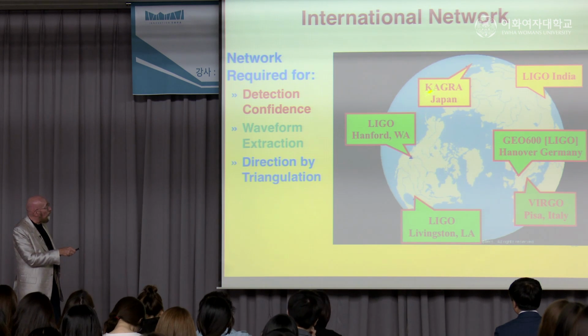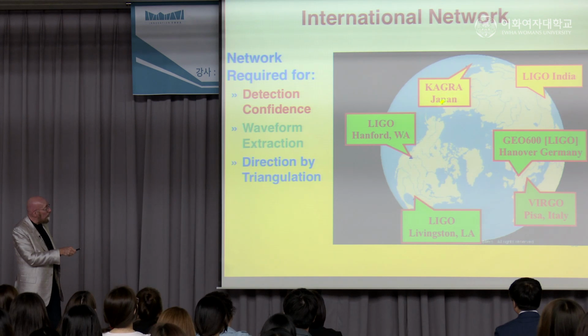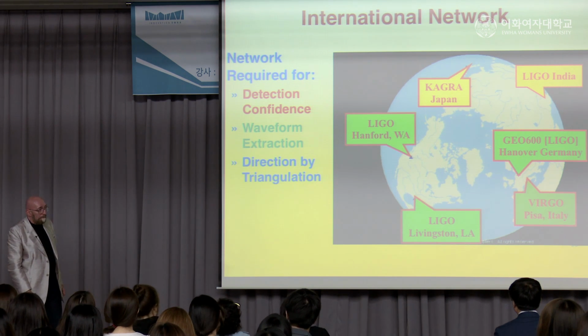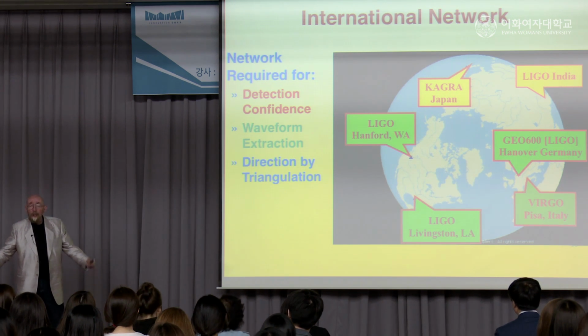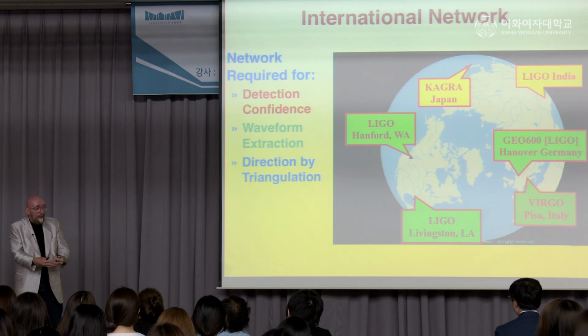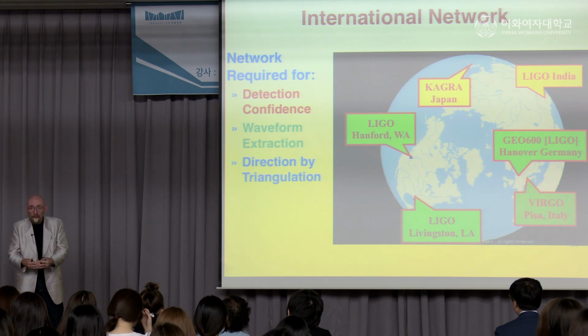Then there is an instrument called KAGRA being built inside a mountain in Japan, and we are planning to put one LIGO instrument in India. So this is a worldwide network, all collecting data, all the data coming together and being analyzed jointly among all the people around the world who work in this field.